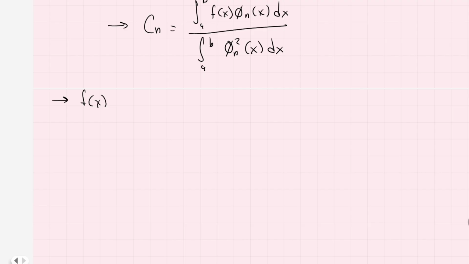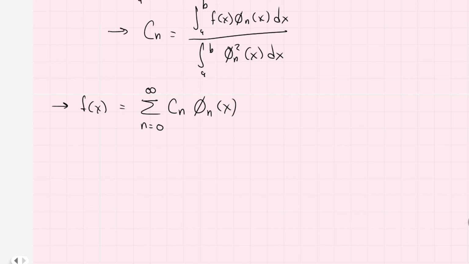Okay, perfect. But remember that at the beginning we defined that f of x was an infinite sum of these orthogonal functions multiplied by some constants. So we can say that f of x can be written as the sum from n equals 0 up to infinity of cn phi n of x.